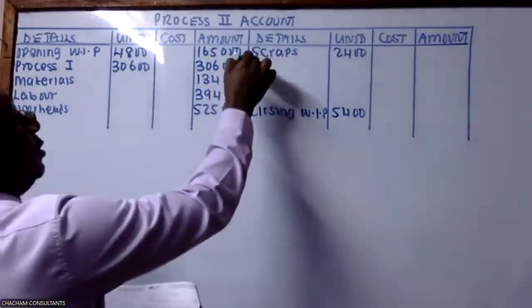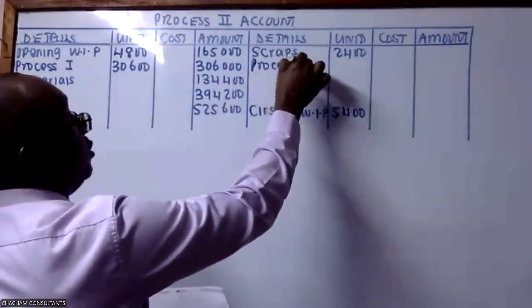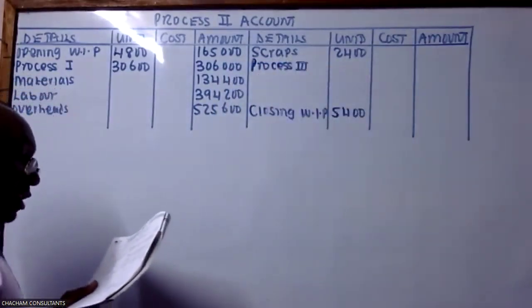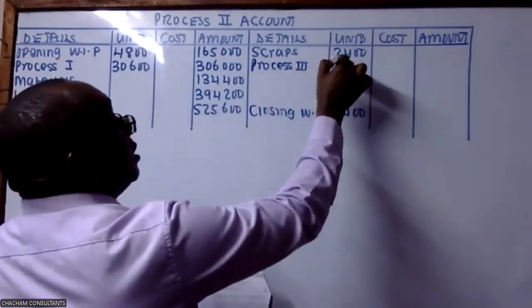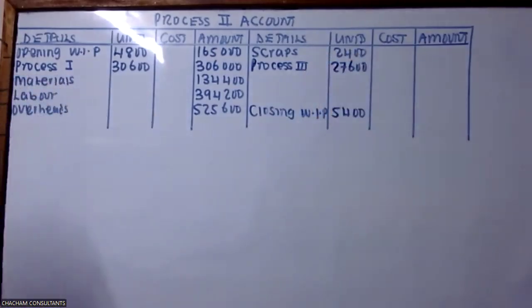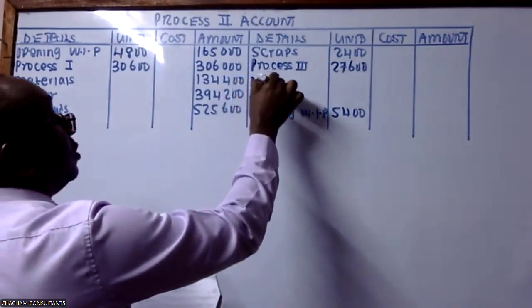And then we are told transfer to process 3. So hiyo tutakuja hapa tuseme process 3. What went to process 3? It is 27,600. And then normal loss was 10% of production in the process.